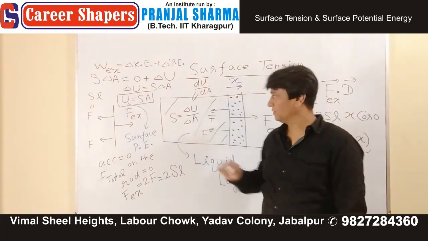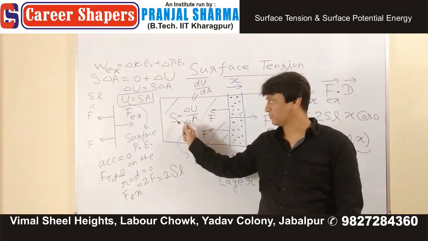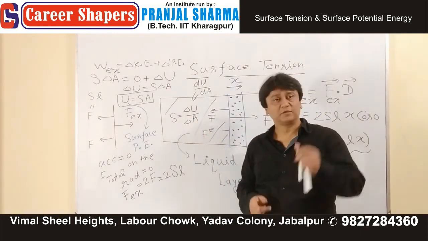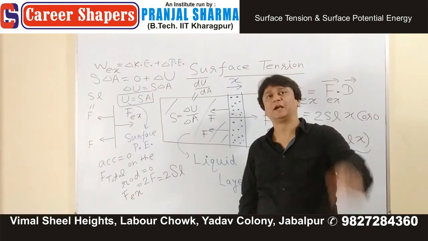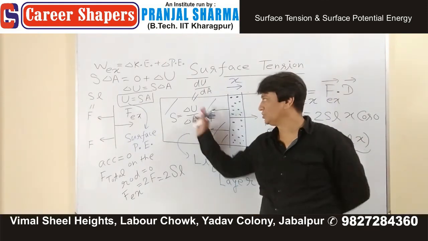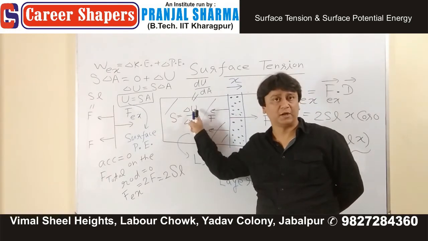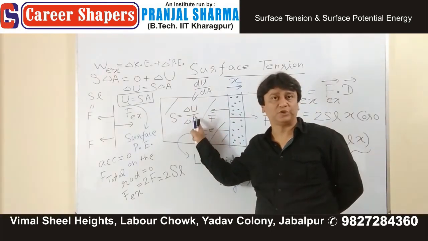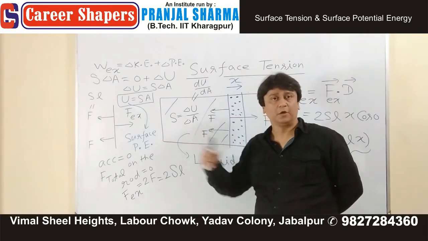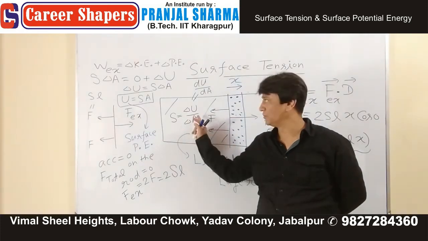Let's use delta for the time being. Surface tension was force per unit length. And now surface tension is the change in surface potential energy per unit change in surface area. You can also define surface tension in this form.